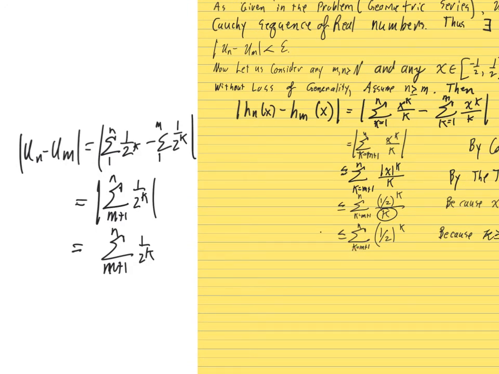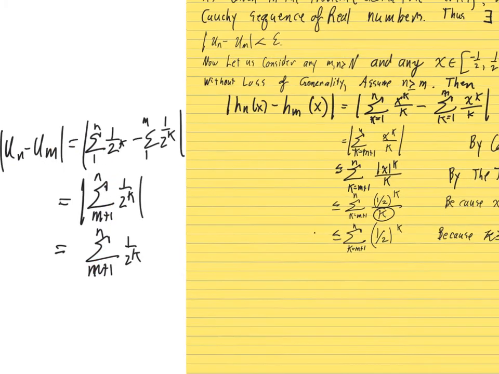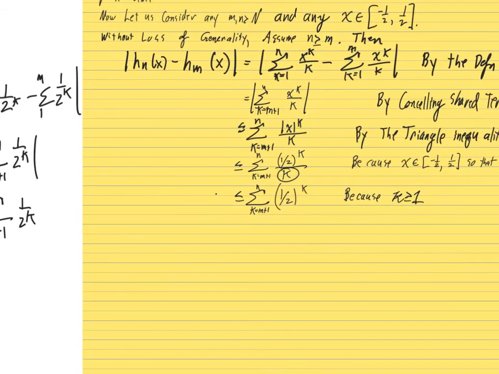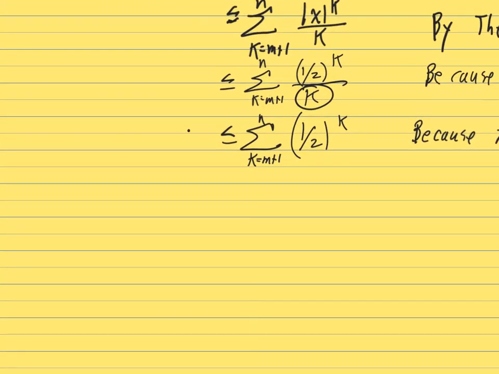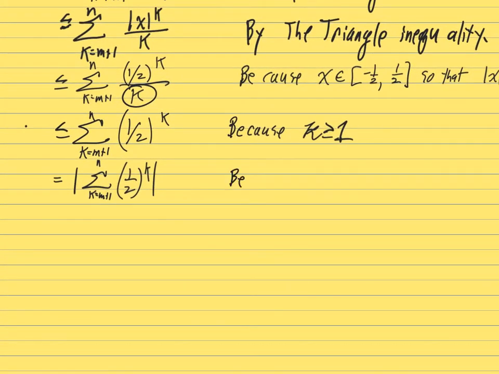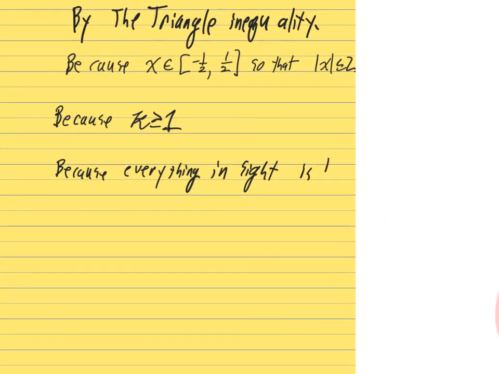So that's everything, right? If I take this and just append this going backwards, I'll have my comparison with u sub n minus u sub m. So let's see, that is now equal to absolute value of the sum from k equals m plus 1 up to n, 1 over 2 to the k, everything inside is positive.